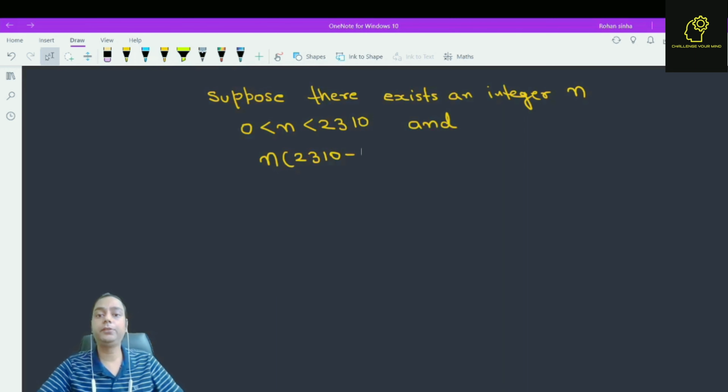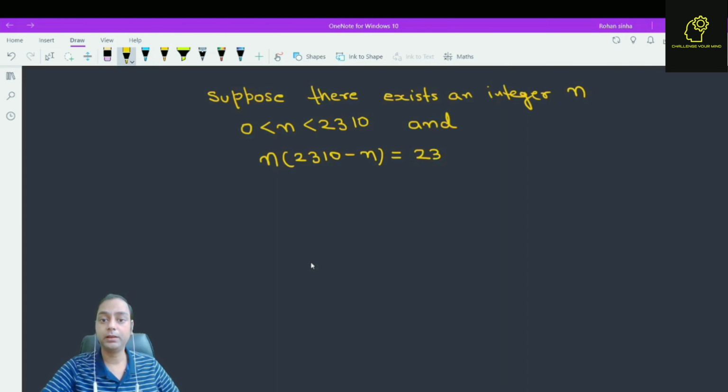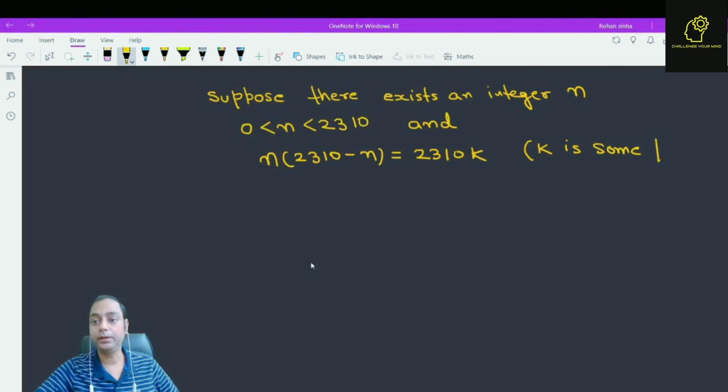Suppose there exists an integer n such that n lies between 0 and 2310, and n(2310 minus n) is a multiple of 2310.